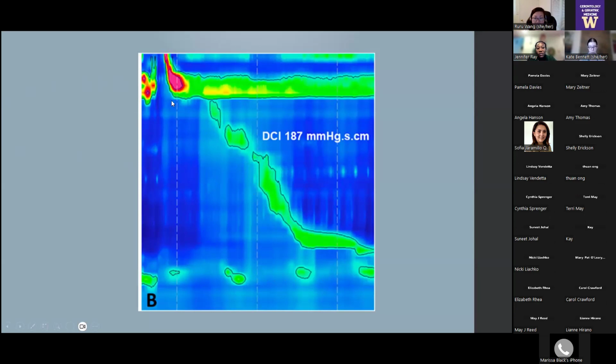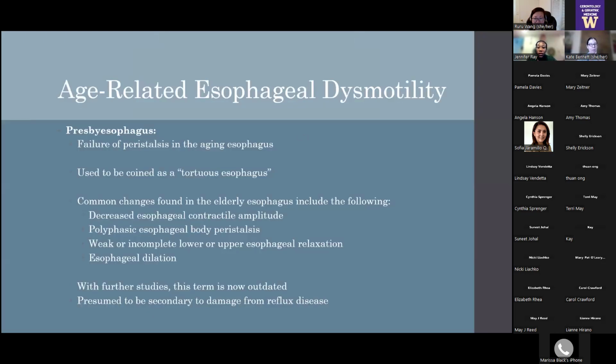So this is a swallow that's starting, and this is the contractile force of that swallow. And this is how we measure that number. And this is fairly weak. I'll go over this in a little more detail. This is not going to be a talk about how to read esophageal manometry studies, but just going to show a representative picture. So I'll be talking about age-related esophageal dysmotility.